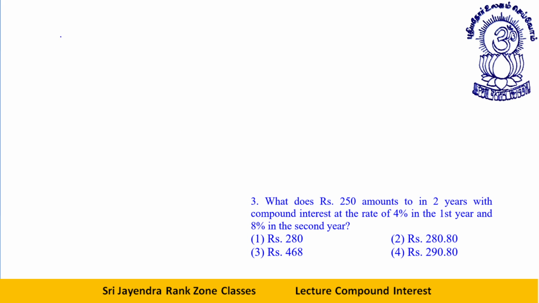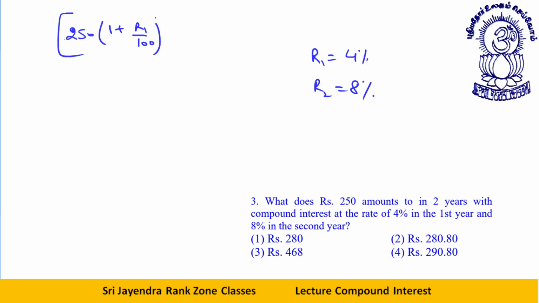What does rupees 250 amount to in 2 years with compound interest at the rate of 4% in the first year and 8% in the second year? See, what we're gonna do is, after 1 year, what will happen? 250 into 1 plus R1 by 100. The rates are given for 2 years. See, R1 is equal to 4% for the first year, R2 is equal to 8%. This is the amount after 1 year.